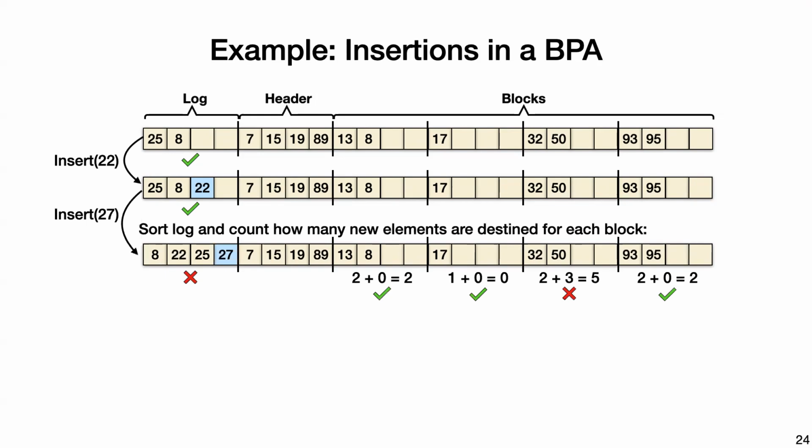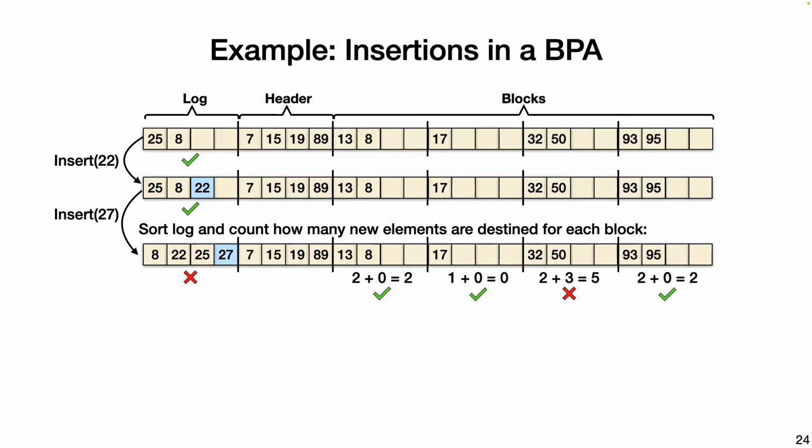Then we want to insert another element because we're trying to insert this 27. We put it in here and now it's full. So we need to clear space in this front area. The way this works is that you look at your log, which is this buffer, you sort it, and then you use these partitions to tell how many things from here are going to go in each of these segments.